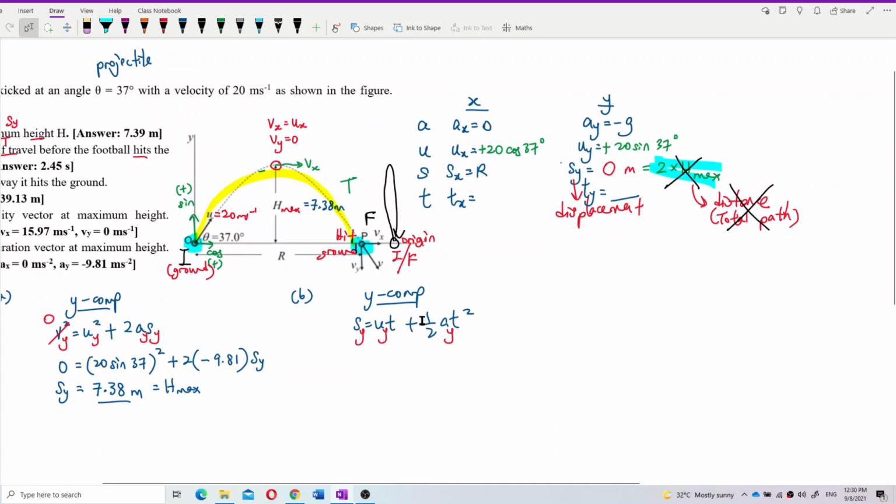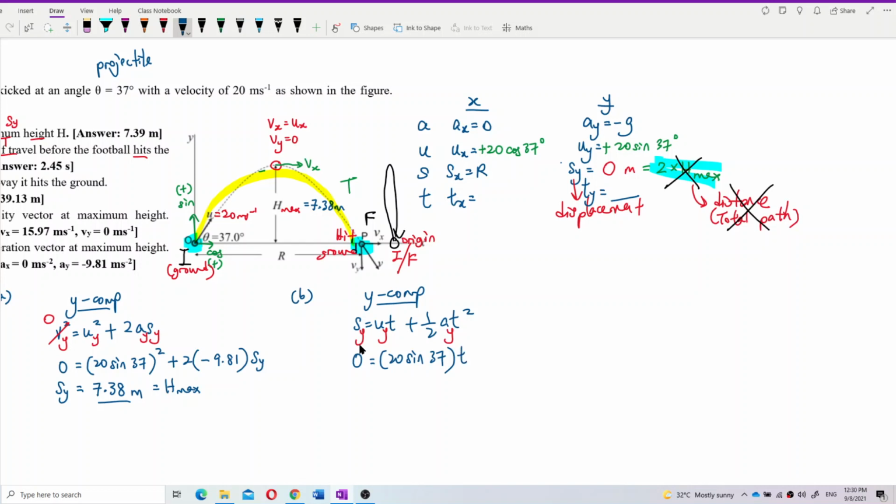You already have s. Now, s is 0 because I fall back to the ground, so the displacement is 0. Uy is 20 sine 37. The time is what we want to find.